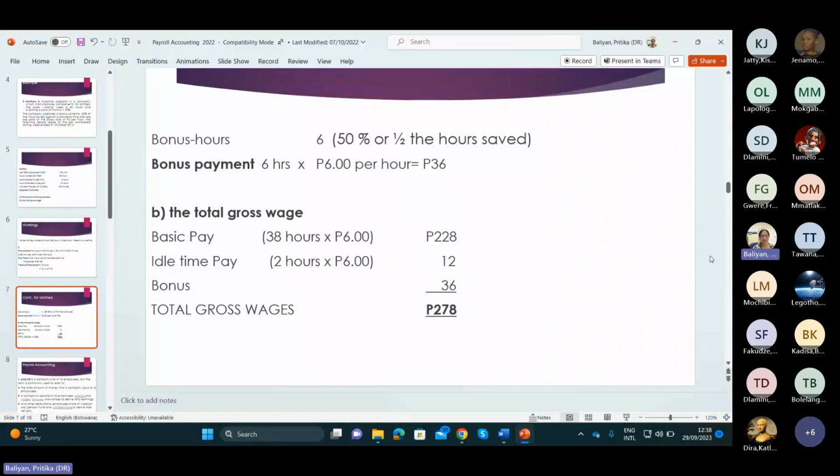Or sometimes the person is given 20 hours, but he took 22 hours to perform the same job. In that situation, he is not eligible to get any bonus. So the payment of bonus is very simple. And whatever the payment for time saved, 50% of it goes to the employee, right?